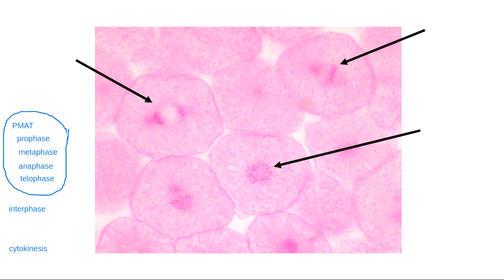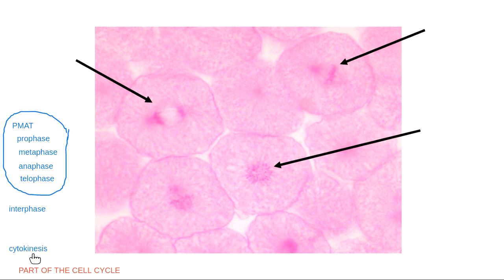It's got to be prophase, metaphase, anaphase, or telophase. If I ask you for the part of the cell cycle, if I use this terminology, the part of the cell cycle that something's happening, I'm more likely to be asking you for interphase or cytokinesis.